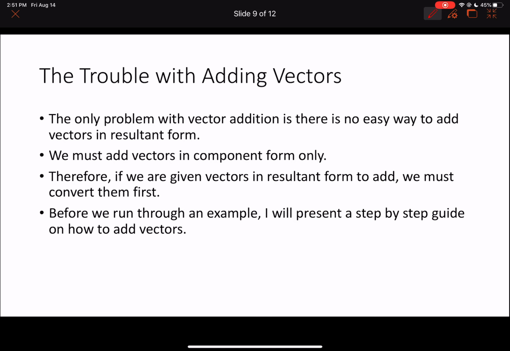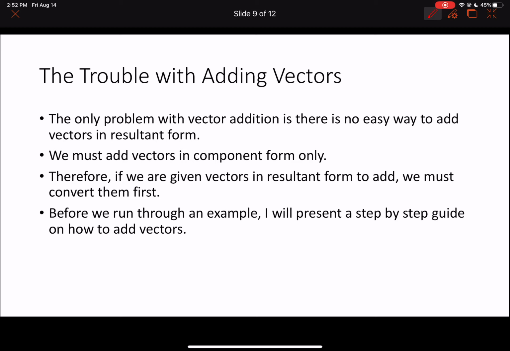So here's the trouble with adding vectors. In physics, most of the time when I give you a vector, I'm going to give it to you in resultant form. When we get to forces, I'm not going to tell you you have a force with 2 components. I'm going to tell you you have a force of 5 newtons and it's acting at 30 degrees. I'm going to give it to you in resultant form.